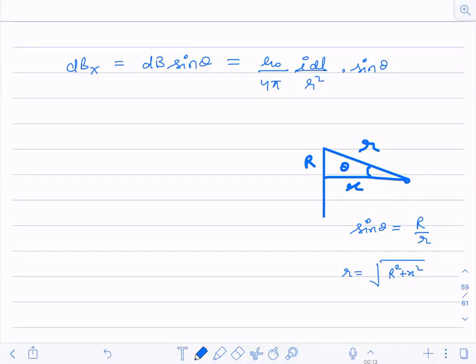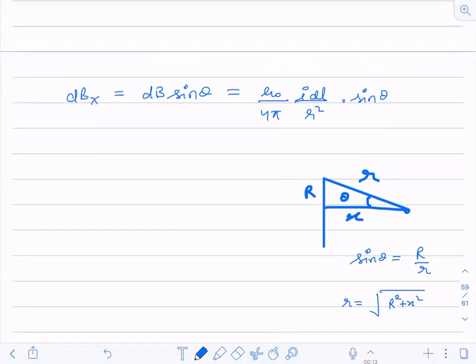So this dB, this dBx, what we will be writing now. Just see here: mu naught I divided by 4 pi, dl I will write afterwards, instead of 1 by r square, 1 by r square becomes R square plus x square.